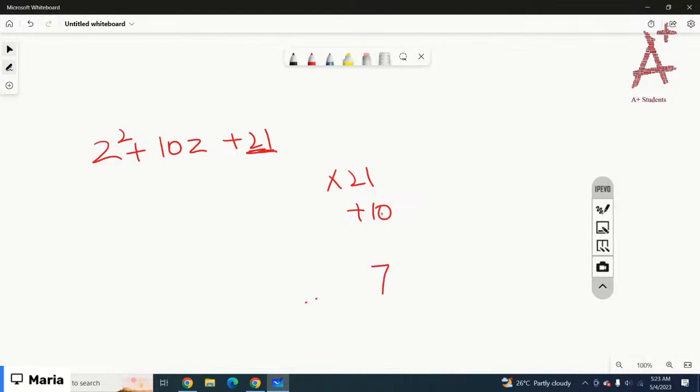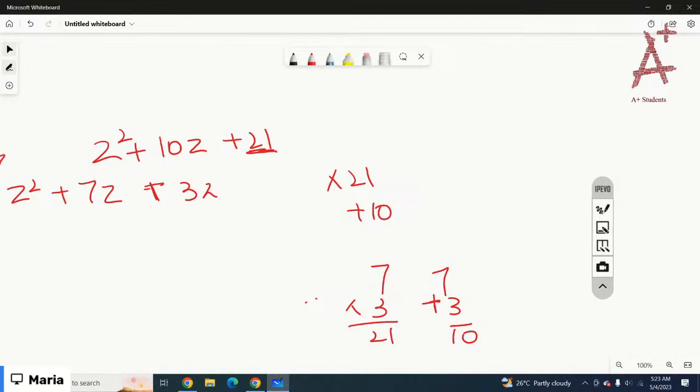It would be 7 times 3. 7 times 3 makes 21 and when added makes 10. Got it? So it would be z square plus 7z plus 3z plus 21.